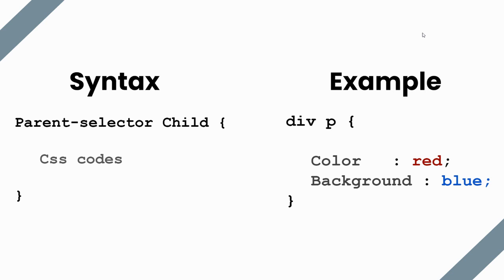This styling would affect every p tag within a div tag, both the ones that are direct descendants of the div tag and the ones that are within another tag that is within that div tag. So that's how the descendant selector works, and we'll get to see this later on when we get to the practical session of this class.